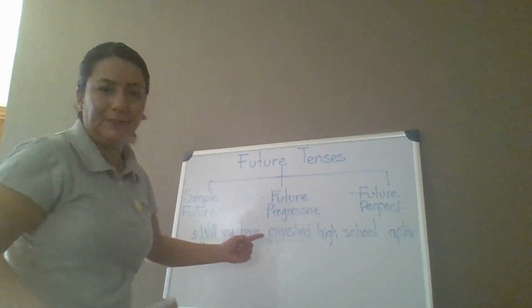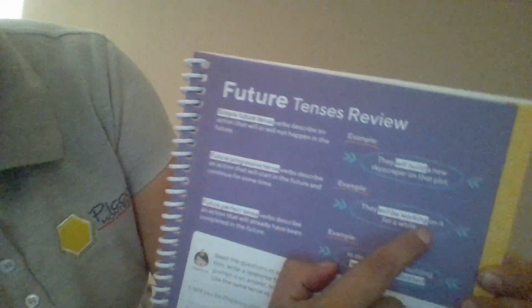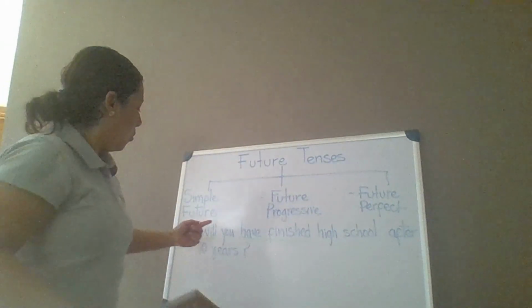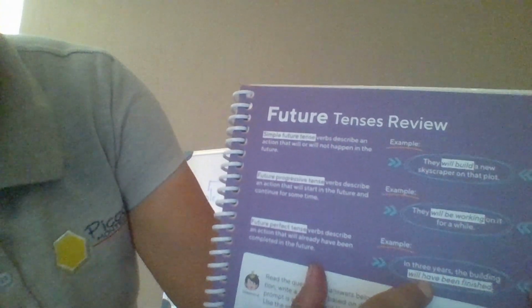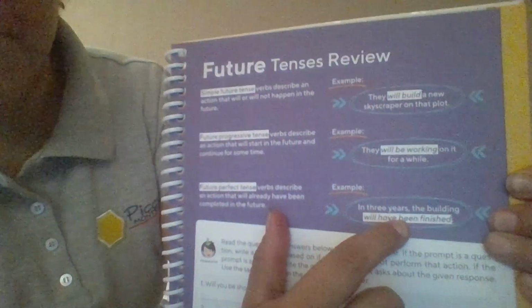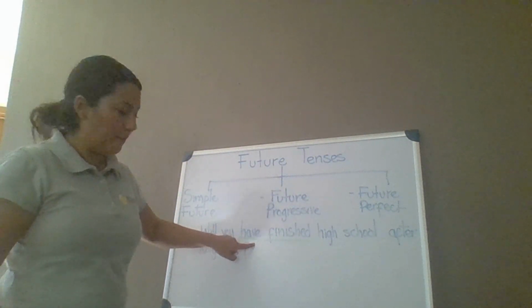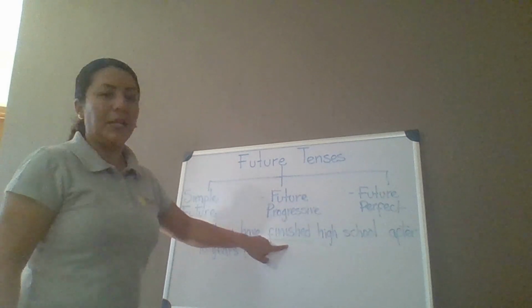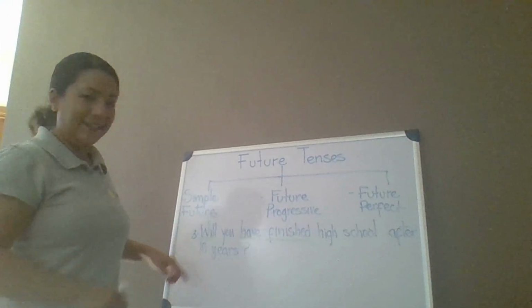Will plus a, no. Future progressive. Will plus be plus a verb with ing ending. Will plus be plus, no. Future perfect tense. Will plus auxiliary verb have plus verb in past participle.